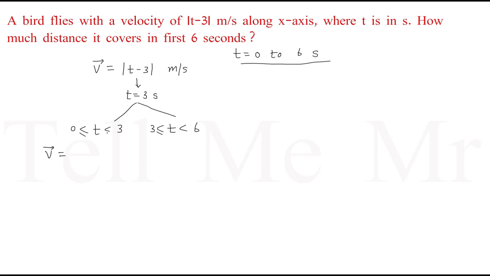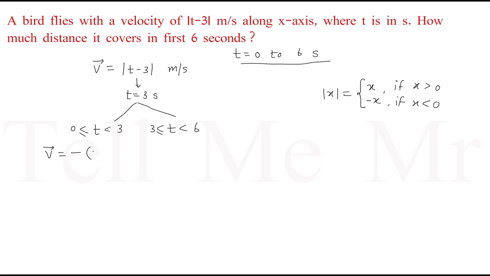So velocity for 0 to 3, because it is a modulus function, and you know mod x is defined as plus x if x is positive, and mod x is equal to minus x if x is negative. So before t equal to 3, the value inside the modulus function will be negative, so it will be opened with a negative sign.